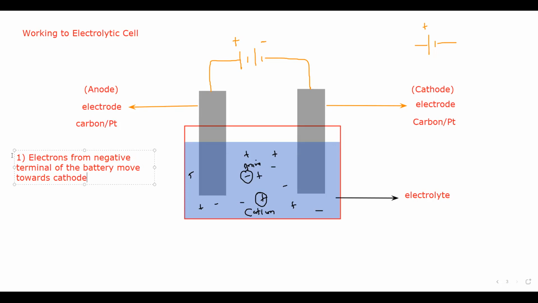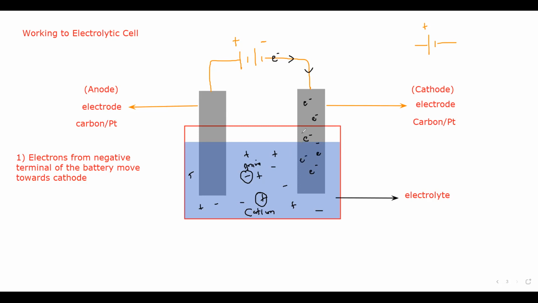That is the first thing that happens. I'm representing electrons by e, and electrons have a negative charge. So these electrons move from the negative terminal of the battery towards the cathode, so the cathode will have most of the electrons. Is the first part clear to everyone?